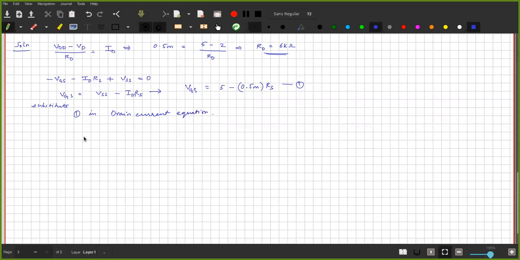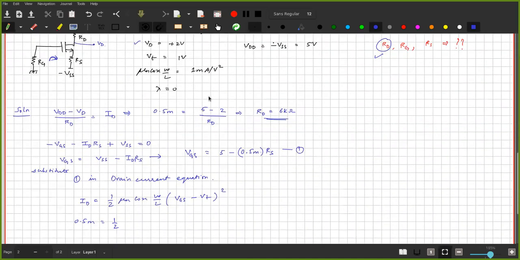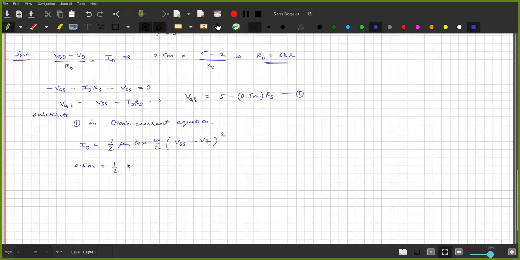ID equals half mu n COX W by L into (VGS minus VT) squared. Substitute all the values: 0.5 milli, half. Mu and COX values are 1 milli, so this is 1 milli into (5 minus 0.5 milli into RS minus VT).